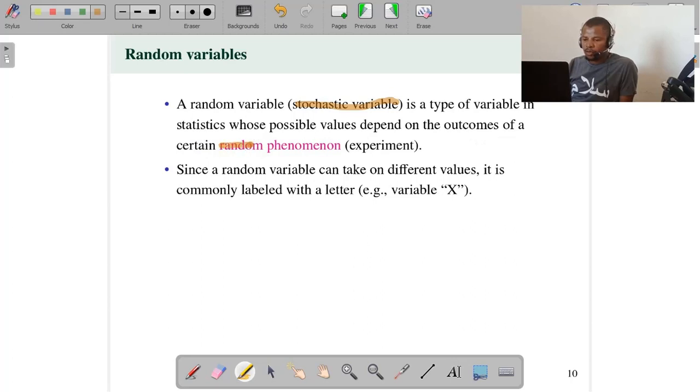This point here is very crucial, because if there is no random phenomenon, then there is no random variable. And if there is no random variable, we'll see later on there is no probability experiment.